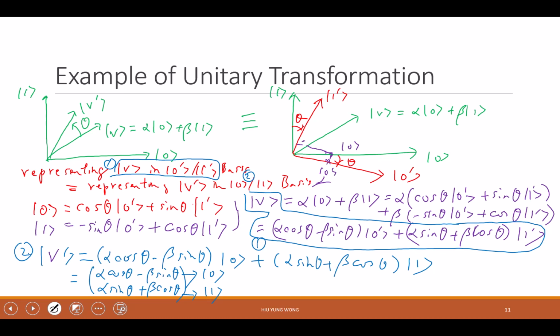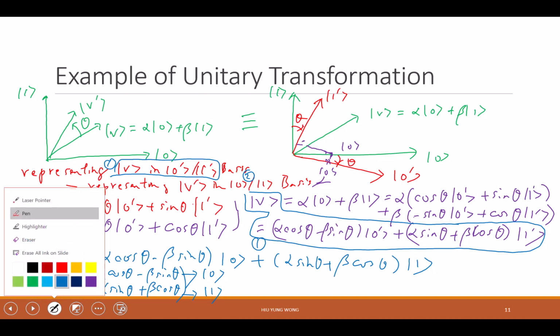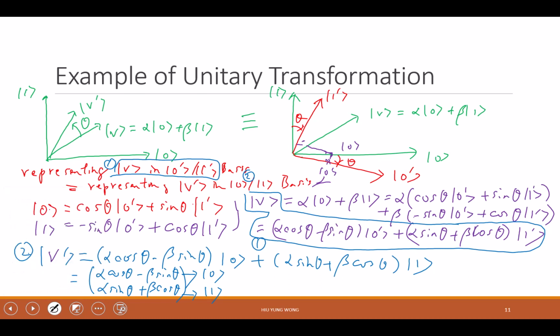It's just a name, but you need to recognize this. So we have the V, we also have the V dash. Then I can tell you the matrix to rotate this V: the U is just equal to cosine theta, negative sine theta, sine theta, cosine theta. This is the U for this rotation.